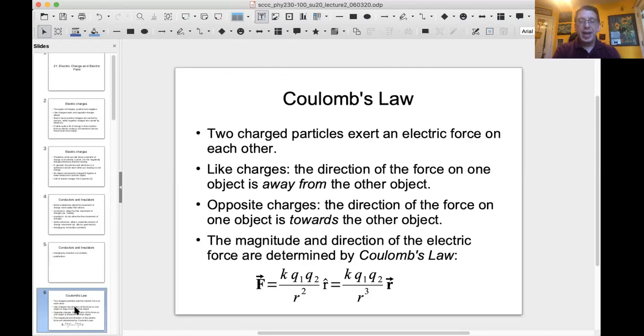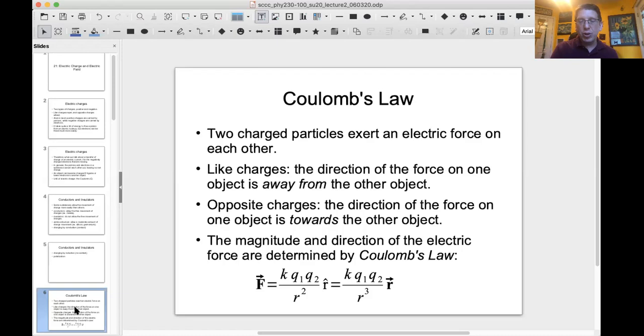Notice that for the vector equation, you're not concerned with absolute values, the signs matter. And then for R squared, again, you have the inverse square law, that the force is proportional to the inverse of the square of the distance between the objects, and that's just like gravity.